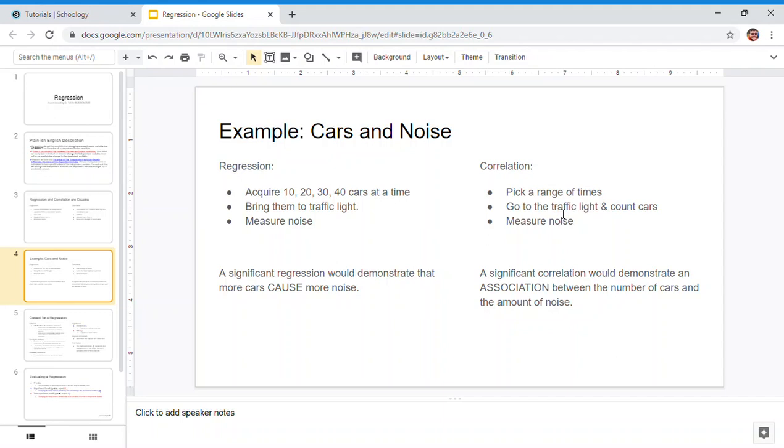So you didn't control anything other than you were being there paying attention. And so you couldn't say for sure that the cars caused the noise. You could just say there's an association between cars and noise. Because you didn't control anything, you can't infer any causal relationships.